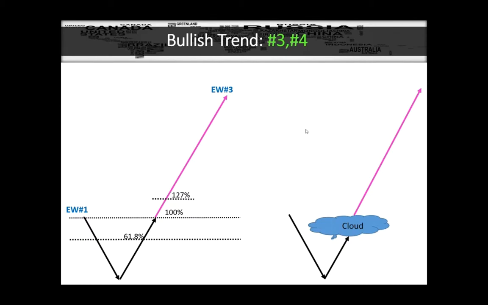So, if you look at it here, as soon as it breaks out of the cloud, this becomes a number 3. So, if you look for a number 3 in our system, that's when it breaks out of the cloud in the Ichimoku world. That typically represents the break of the 100% retracement in Fibonacci, and that also represents the possibility of a 2 to 3 wave moving forward, going up. Everyone okay with that?